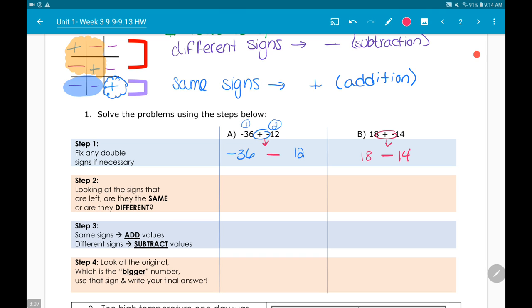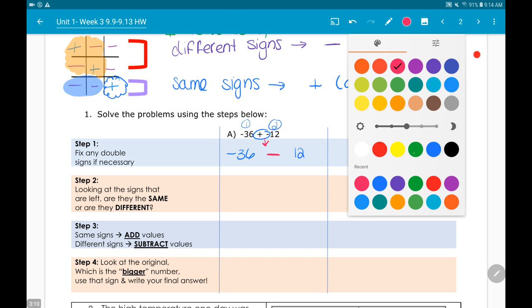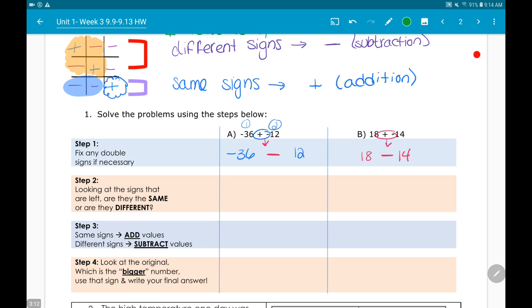All right, so now step 2. Look at the signs that are remaining. Are they the same or are they different? So for example, A, are these the same or are they different? These are the same, and we wrote before that same means I need to add.